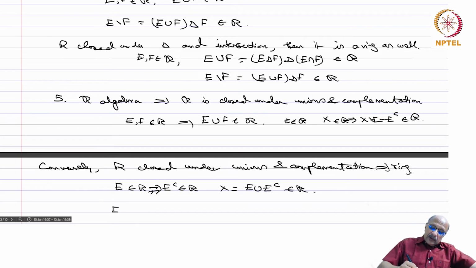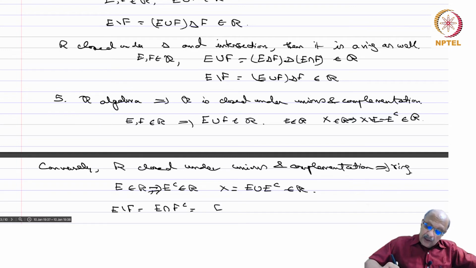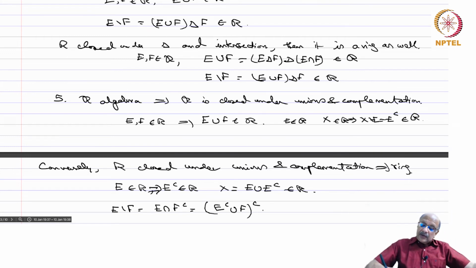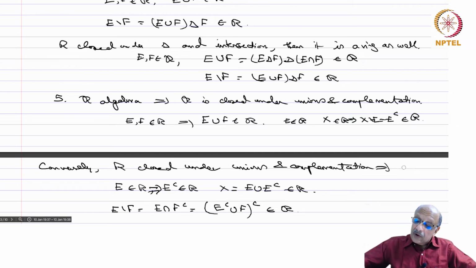And then what about the differences? E minus F is nothing but E intersection F complement, which is equal to E complement union F, whole complement. Okay, so all these operations are R operations, so this belongs to R. So it's closed under unions, X is there, so this is not just a ring, it's an algebra.